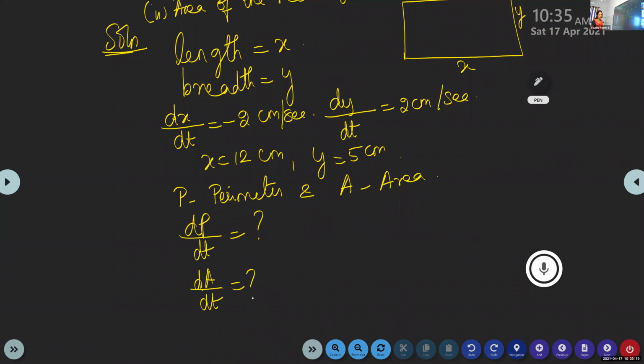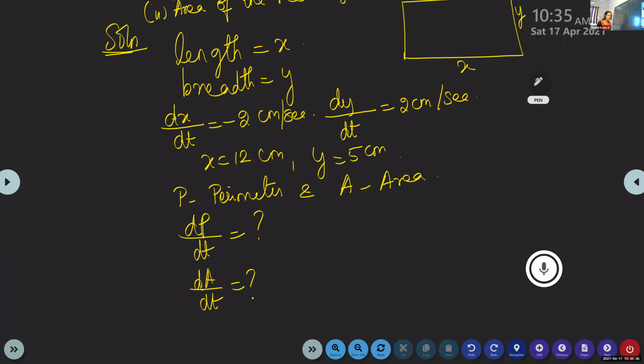Read it, children. Is it clear? Up to this, is it okay? The length is decreasing, so we are taking it as a negative quantity. And look at the width: it is increasing and we are taking that as 2 centimeter per second.